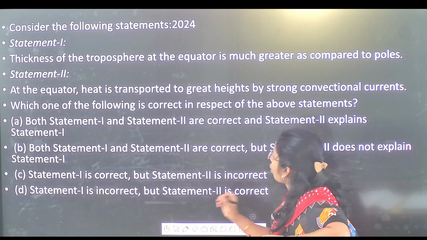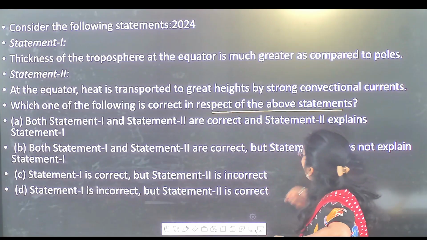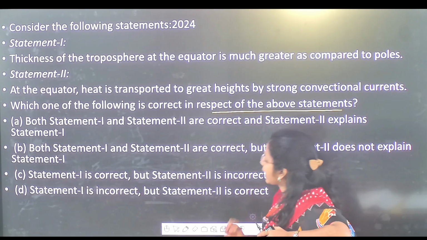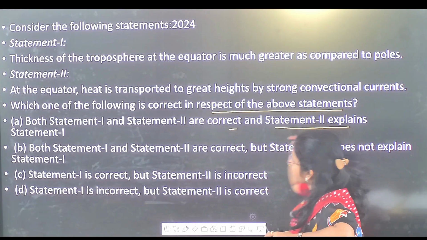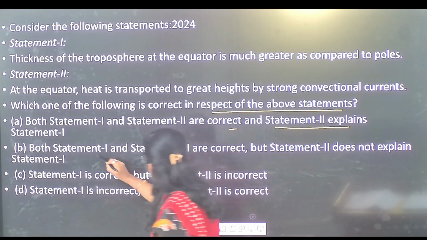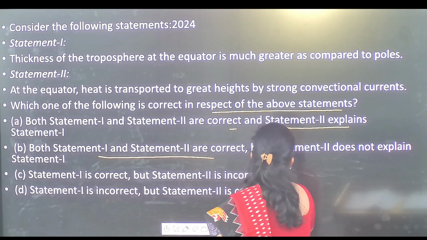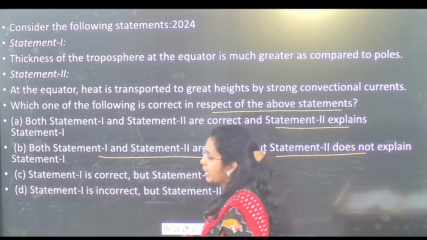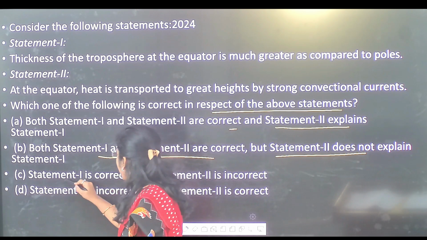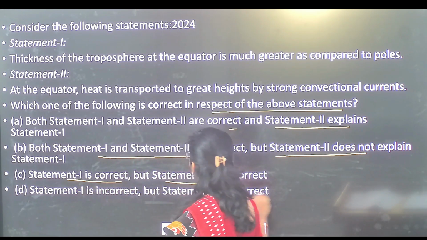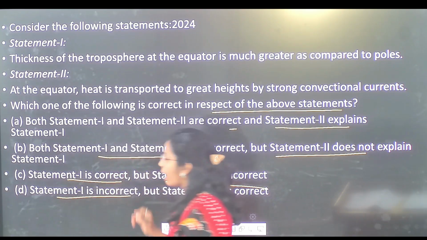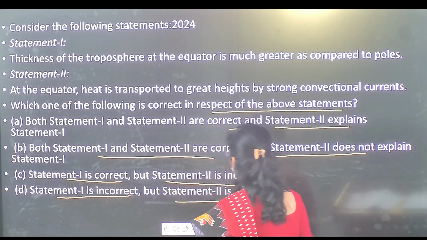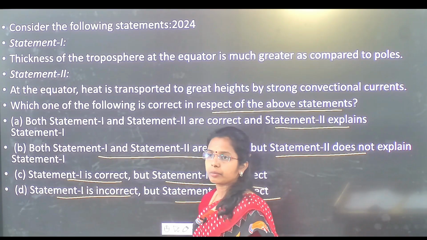Which one of the following is correct in respect of the above statements? A. Both statement 1 and statement 2 are correct, and statement 2 explains statement 1. B. Both statement 1 and 2 are correct, but statement 2 does not explain statement 1. C. Statement 1 is correct, but statement 2 is incorrect. D. Statement 1 is incorrect, but statement 2 is correct.